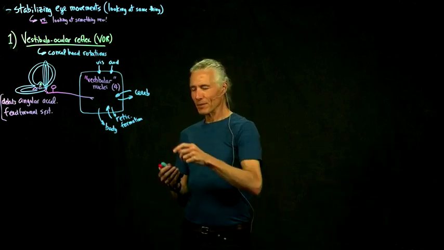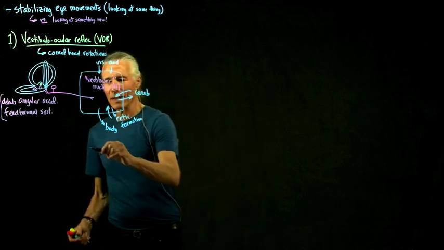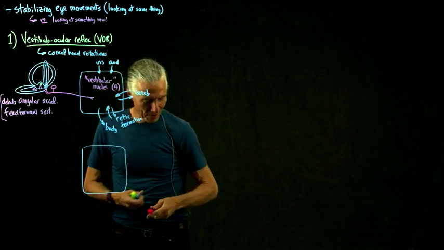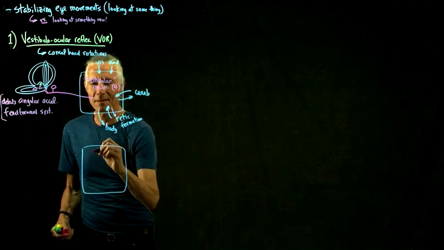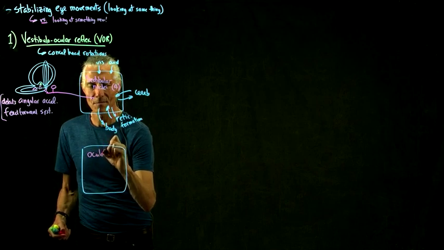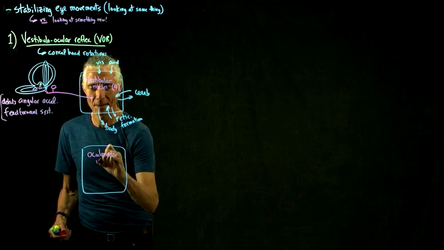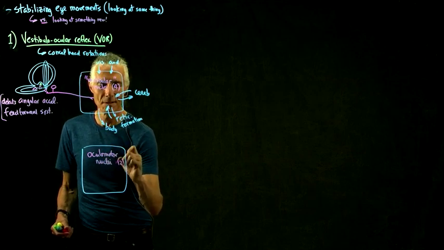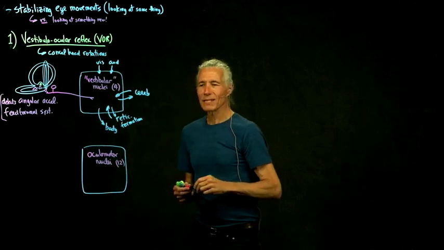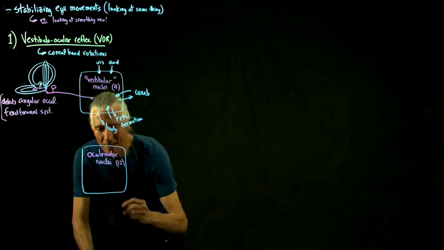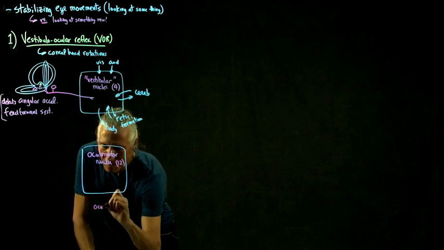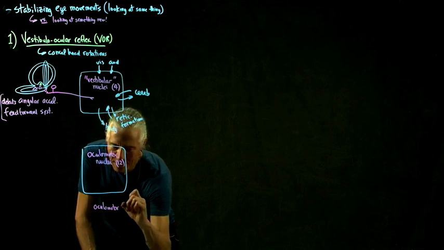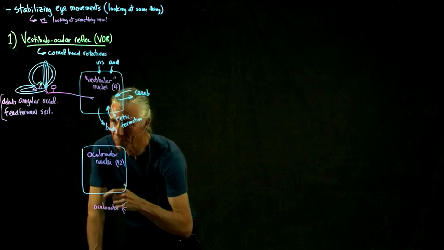Okay, so that's the vestibular nuclei, and then what do they go to? They go to the oculomotor nuclei. There's 12 of these, but conventionally, if you take a neuroanatomy class, they're divided into the oculomotor nucleus, which actually controls four of the muscles for one eye.